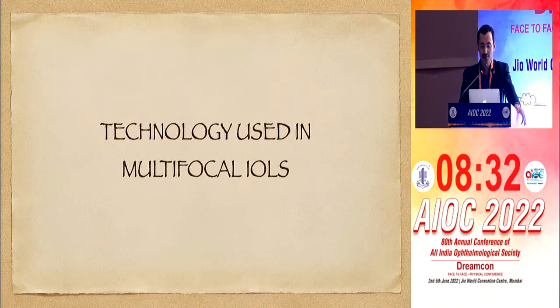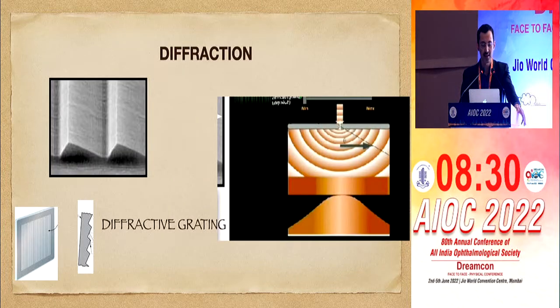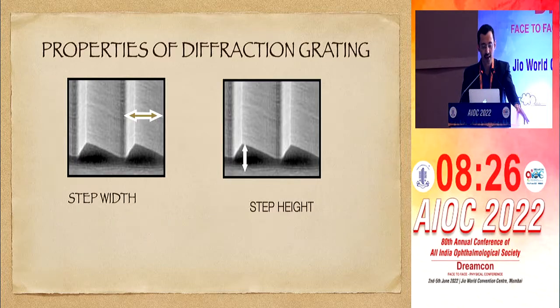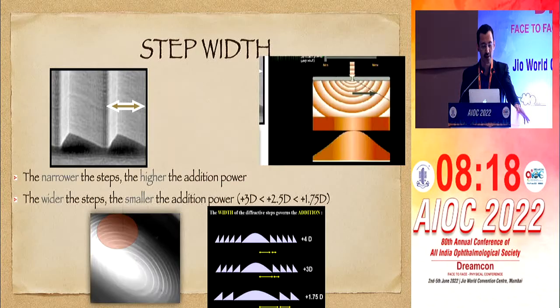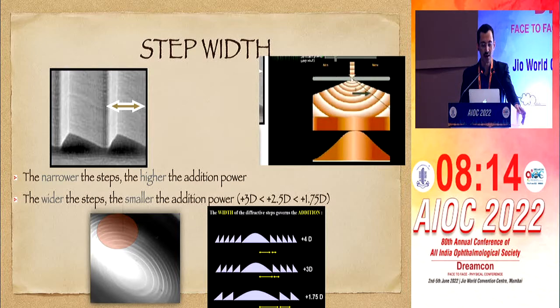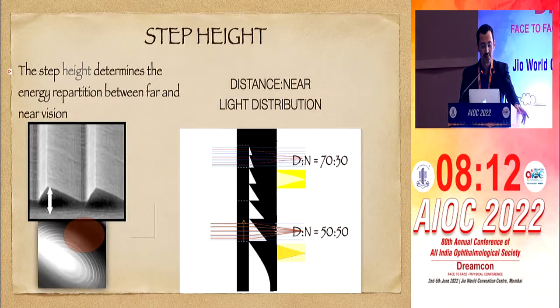Technology used in multifocal IOLs is mainly diffractive gratings. The properties of these gratings, like step width and step height, are used to modify the properties of the multifocal IOL. Narrower steps give a higher add power, and by reducing the step height, more light is given to the distance.